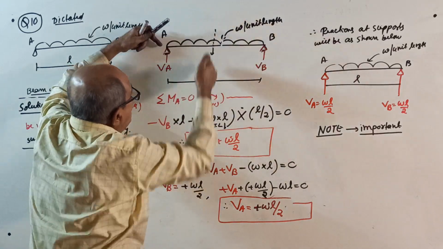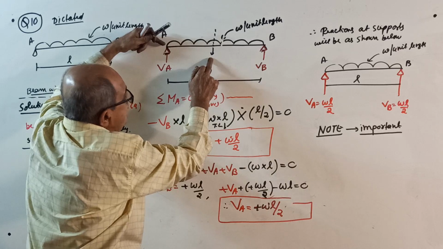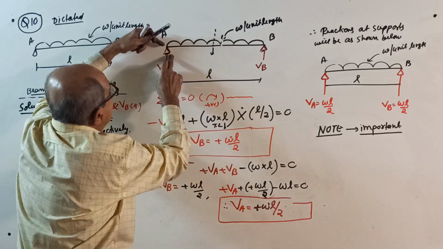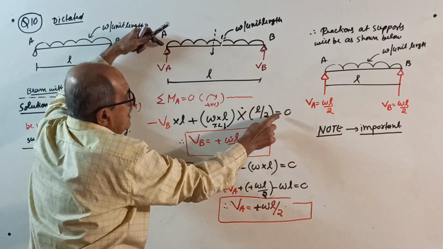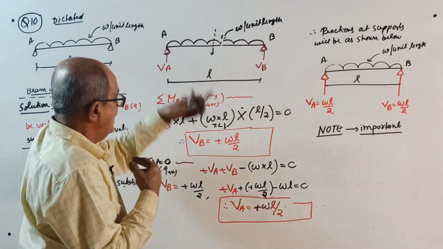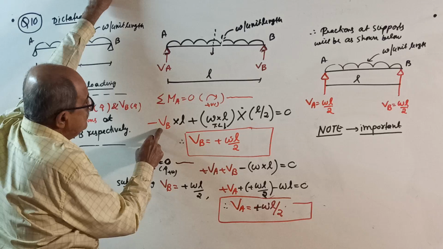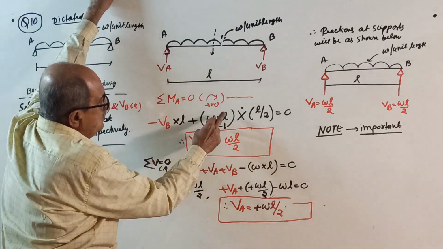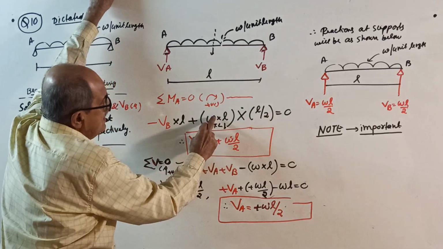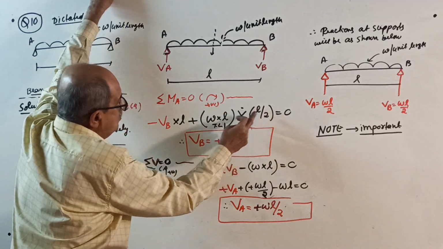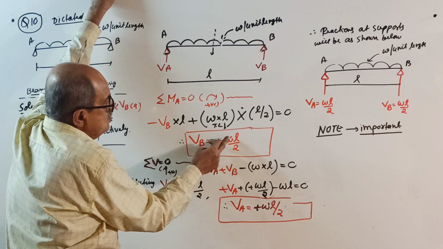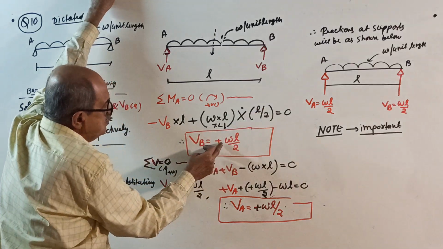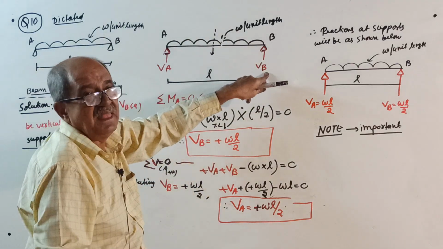The total load into this distance, which is L by 2, equals 0. So minus VB into L plus WL into L by 2, which is WL square by 2, equals 0. So VB is positive WL by 2.